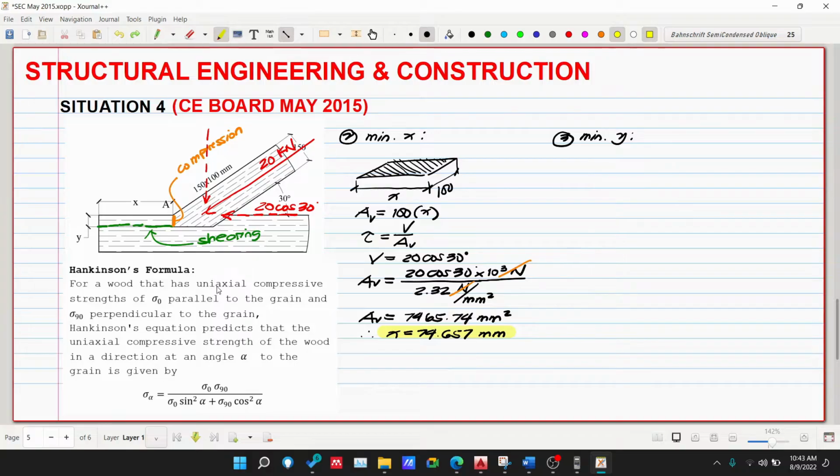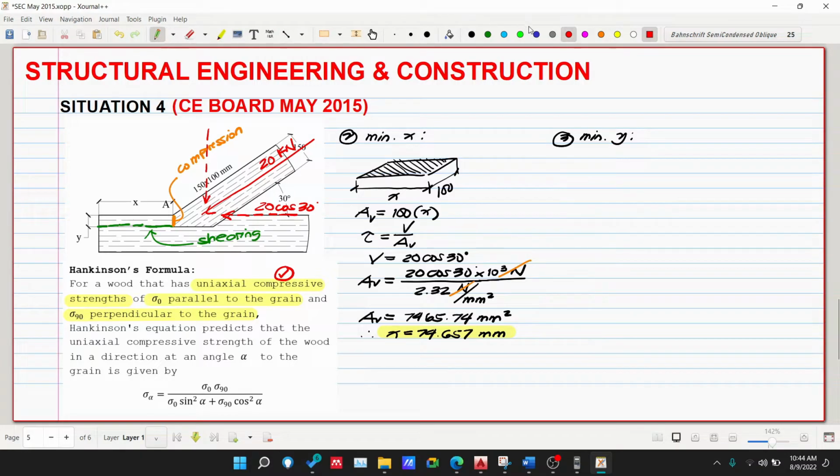So, for a wood that has uniaxial compressive strength, okay tayo dito sa una. Bakit? Kasi, uniaxial compressive strength, under sa compression yung ating area na to, hindi ba? So, okay tayo dyan. Ang sabi niya rito, for a wood that has uniaxial compressive strength of sigma sub O, which is parallel to the grain, and sigma 90 which is perpendicular to the grain.